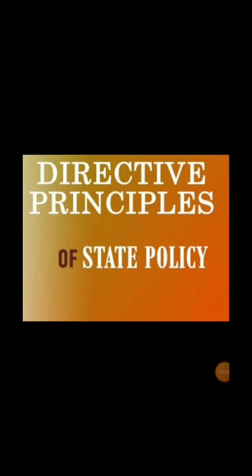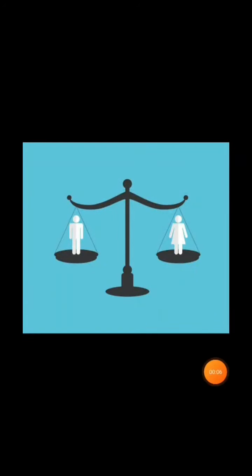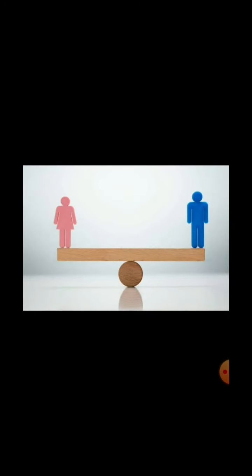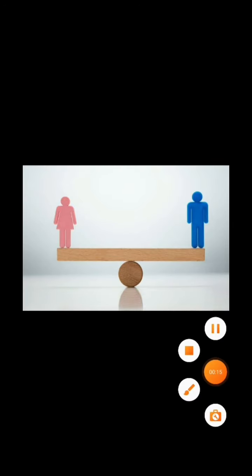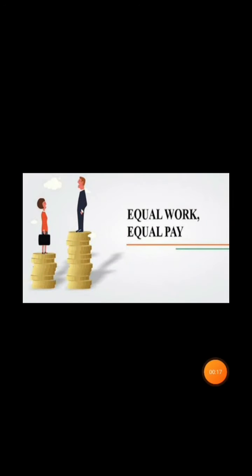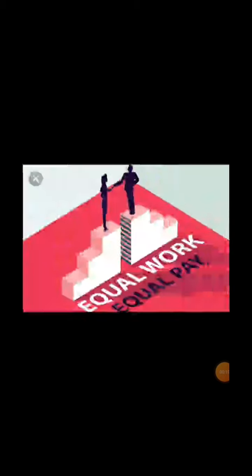Some important directive principles of state policy. The state should secure adequate means of livelihood to all citizens without any gender discrimination. The state should secure equal pay for equal work for both men and women.